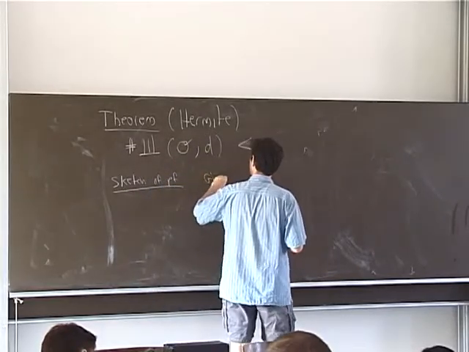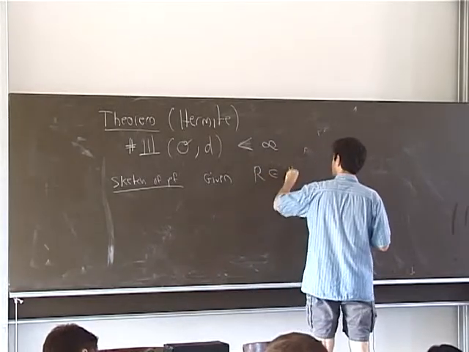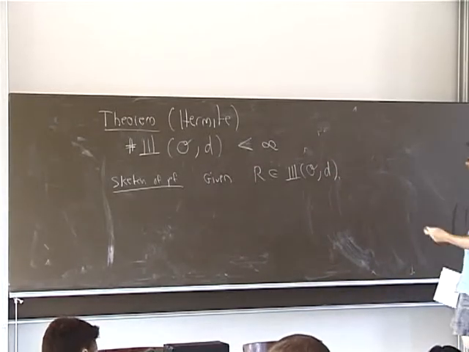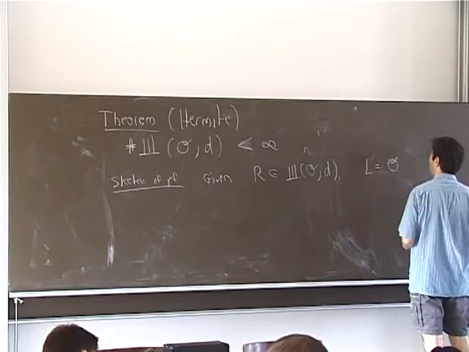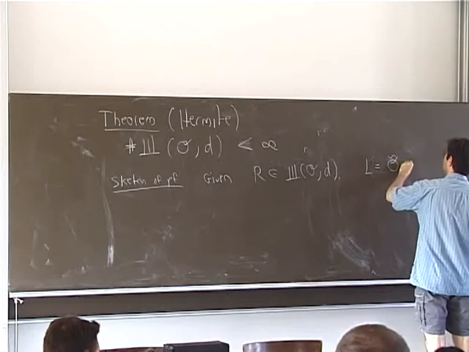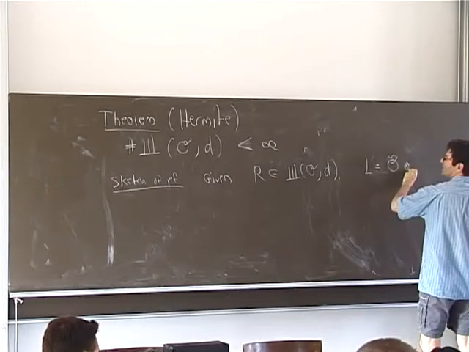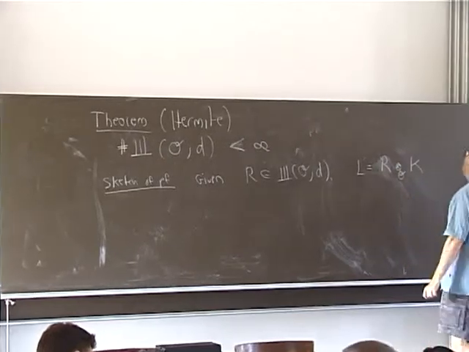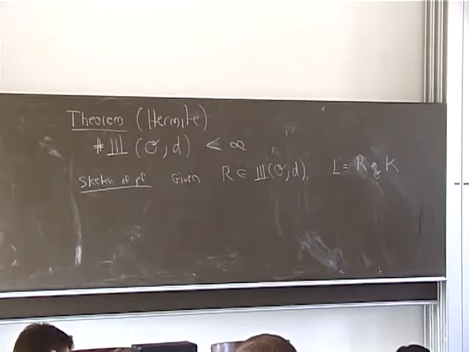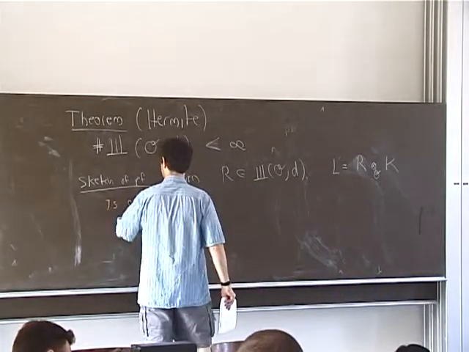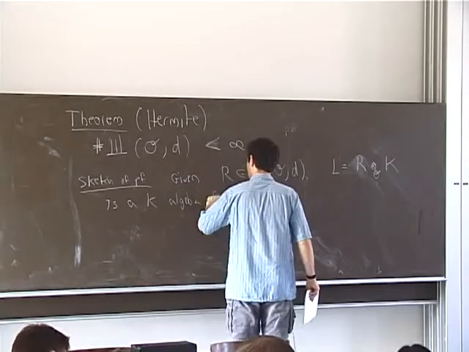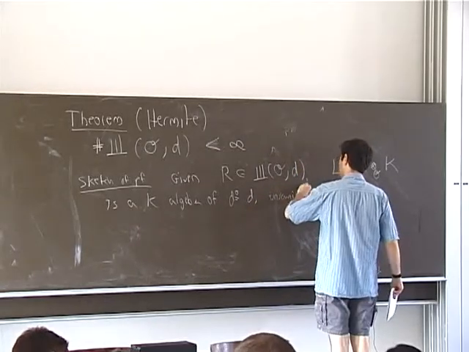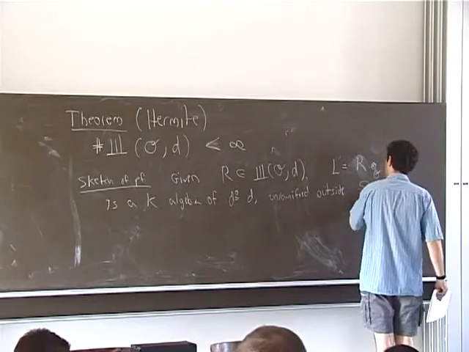So given an element R, an isomorphism class in SHA OD, we can consider the generic fiber of this variety, R tensored over O with the fraction field of O, which is K. And so this is a K algebra of degree D, which is unramified outside the finite set S of places.